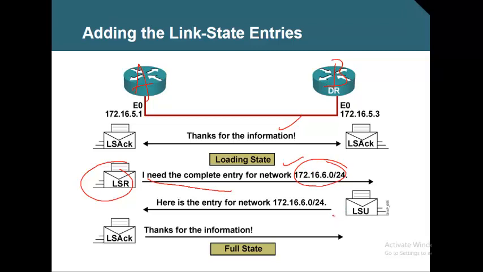And B is saying, oh, here it is, the complete information. That is what is called LSR and LSU. When they don't have any more LSR to ask, they reach the final full state. Full state is fully synchronized. They know each other very well. That's full state.